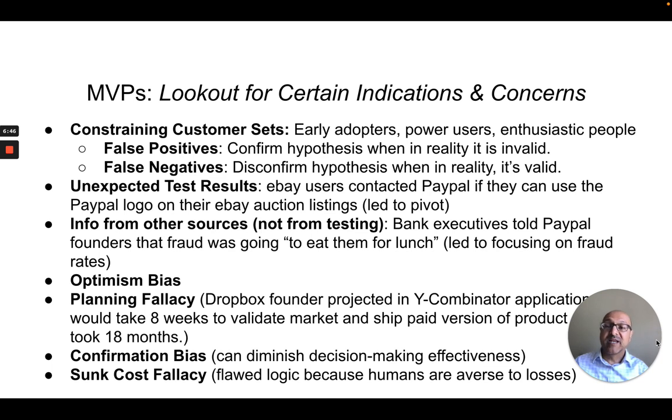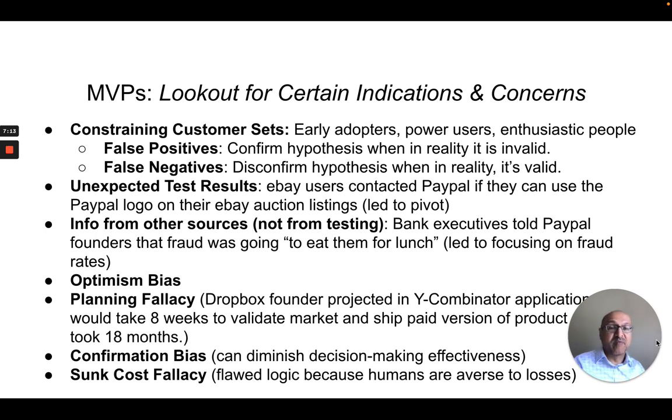Also be aware of unexpected test results. So for example, eBay users contacted PayPal to find out if they can use the PayPal logo on their eBay auction listing. That led to a pivot by PayPal because they got a result that they weren't expecting for a use case, a need. We can also get information from other sources, not from our testing.